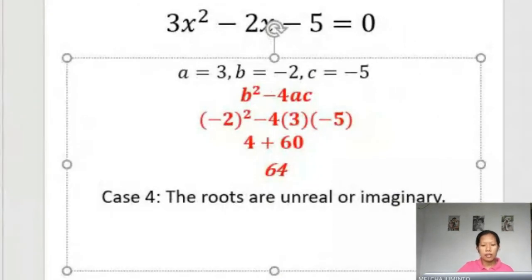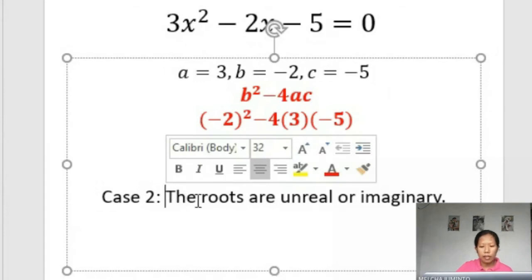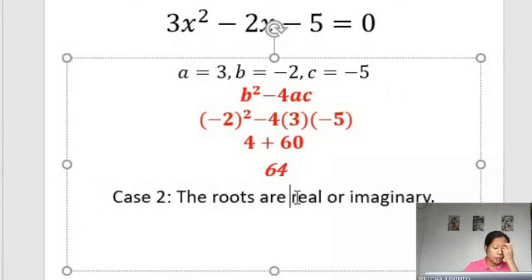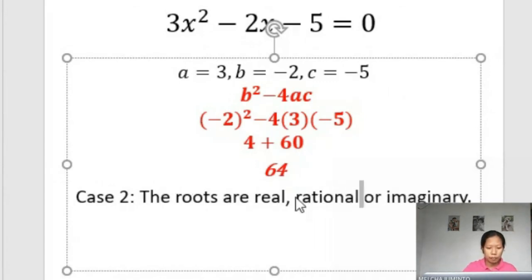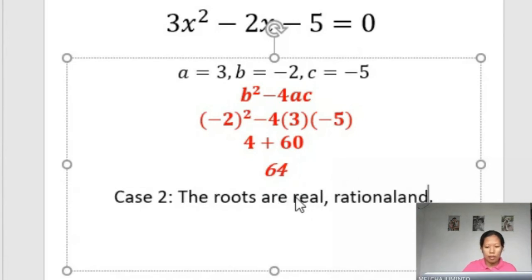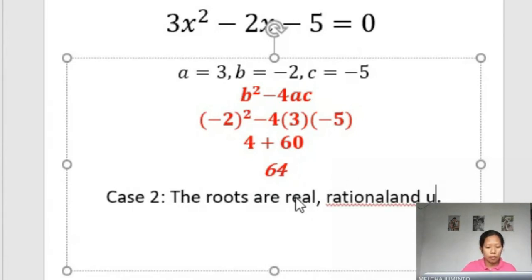Okay, what case? In what case will this fall? Is it case number, okay, correct, case number 2. That particular case states that the roots are real numbers, rational, and unequal.